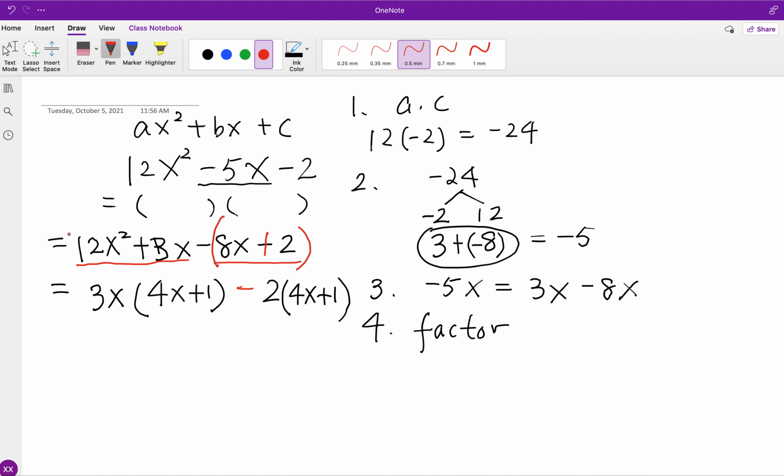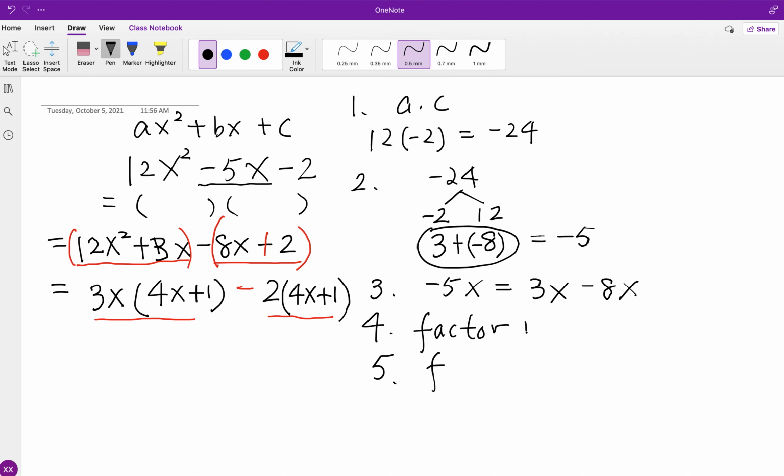All right, so you see, now I have only one binomial here. Before, this was a binomial and this was a binomial. Now I have only one binomial because this is a term. So this one, I'm going to further factor it.